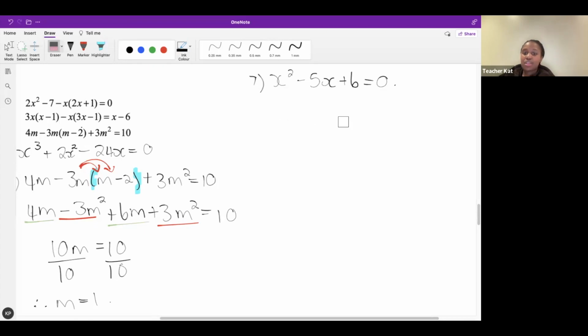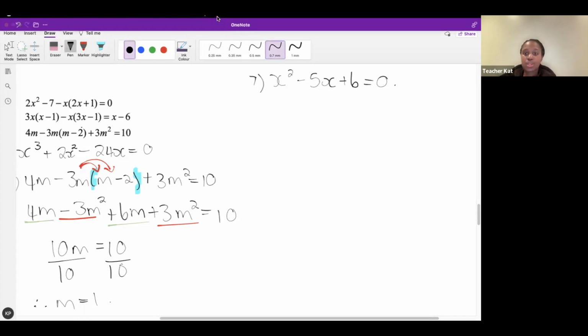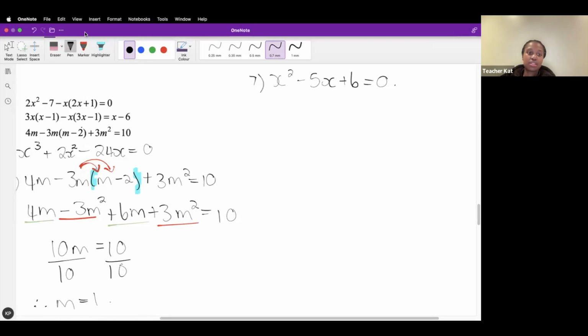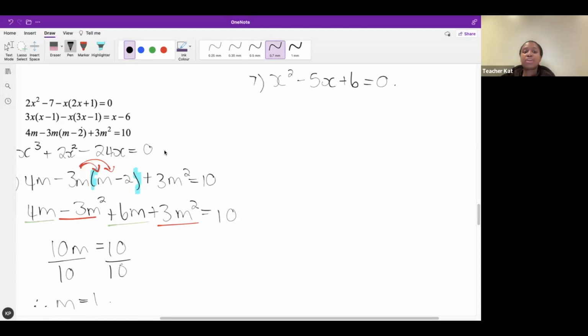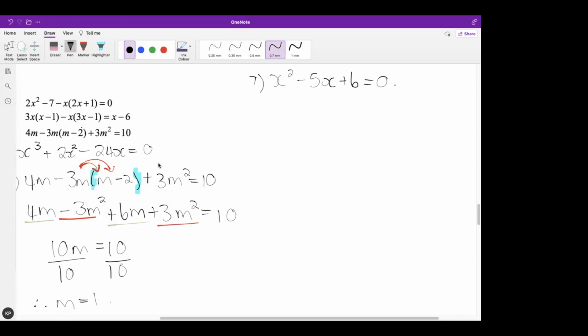We factorize. So how are we going to factorize x squared minus 5x plus 6? How do we know when to factorize?